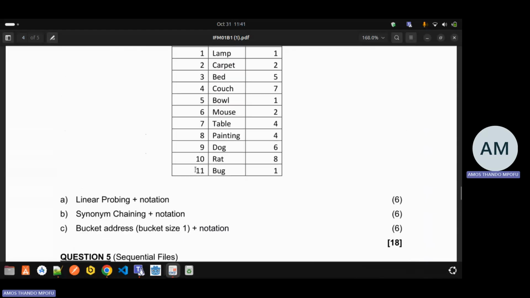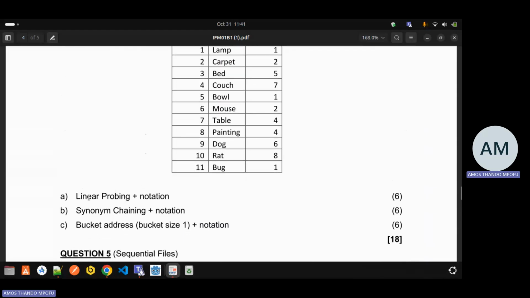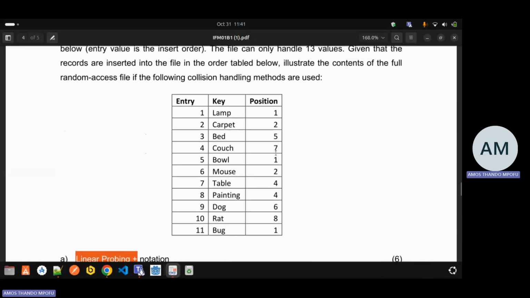So let's look at this. The things you need to understand: linear probing, right? It's linear. It means you go in that order. So what you just do is you add them one by one. You see a collision, you add it to the next line. There's a slight variation between linear probing and two pass.